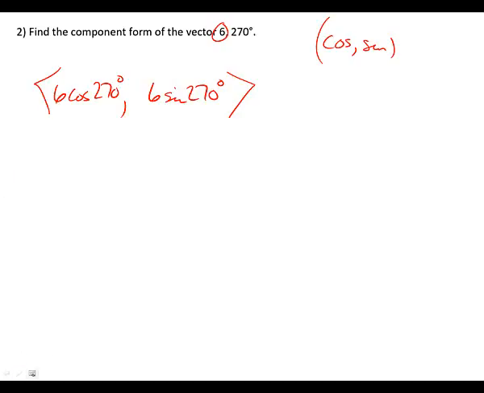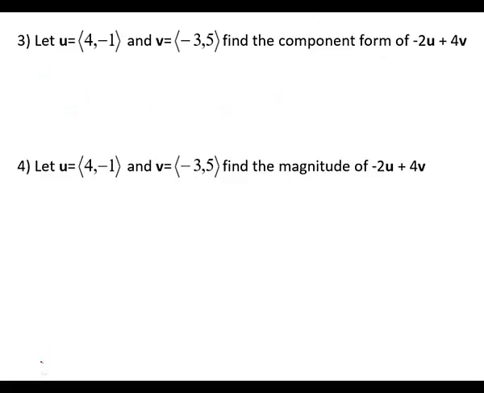Okay. Looking at number 3. I'm assuming I'm going in order, right? So it says that we have to find negative 2 times vector u and add that to 4 times vector v. Okay? So I'm going to first find negative 2 times vector u. So I'm going to take negative 2 and multiply it by those 2 components.